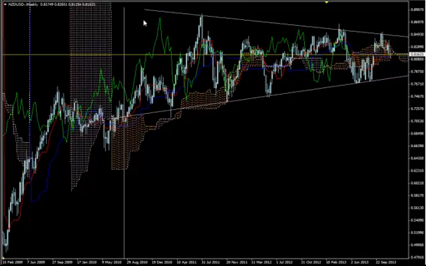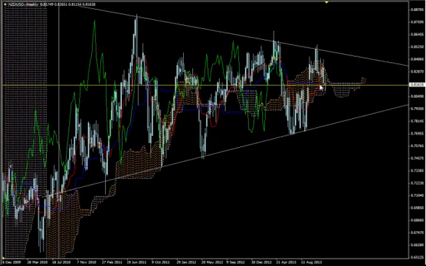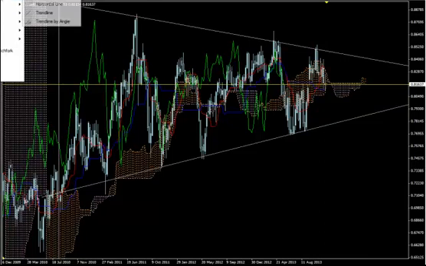Anyway, so let's go back here. When the triangle breaks, the symmetrical triangle, as all the triangles, will break at the third quarter of its width. So the middle of it, I will insert a vertical line.